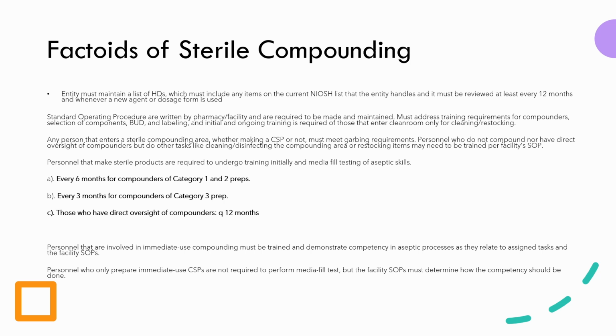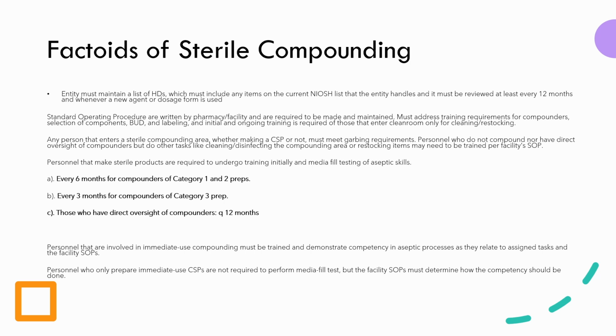We know that standard operating procedures are written by the pharmacy and facility and are required to be maintained, and must address training requirements for compounders, selection of components, beyond use dates, labeling, and initial and ongoing training is required for those people that enter the clean room only for cleaning/restocking.